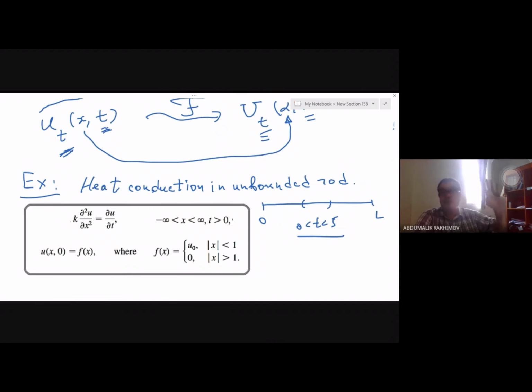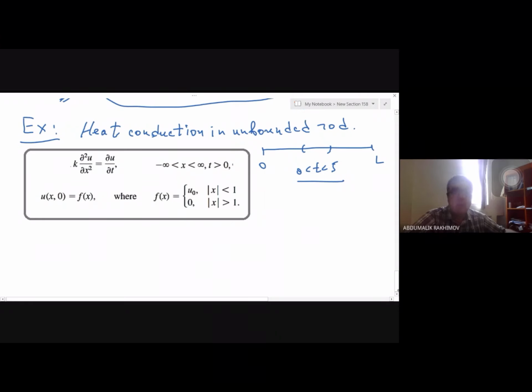So we can say these boundaries are somewhere at infinity, and whatever the boundary conditions are, we are not interested because they have no influence in the middle in the very beginning moments. Of course, it takes time. So there is no role played by boundary conditions. We say x is from minus infinity to plus infinity, and then we call it an unbounded rod.